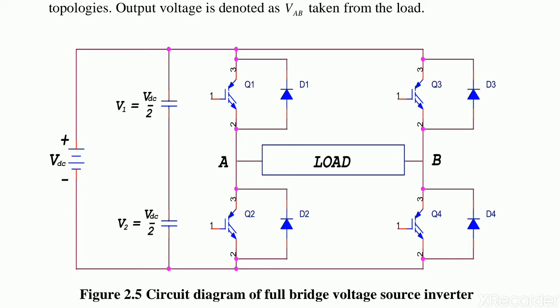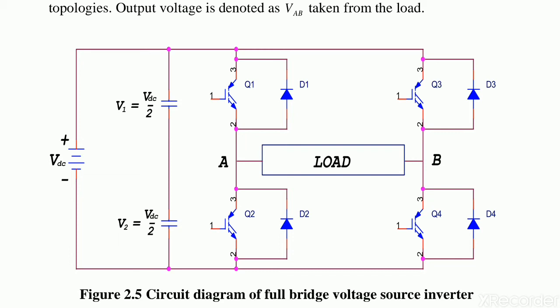One can see from this circuit topology of the full bridge voltage source inverter that there are a total of four switches, Q1, Q2, Q3 and Q4, and one DC input source VDC. Also across these four switches, four diodes are connected, D1, D2, D3 and D4.